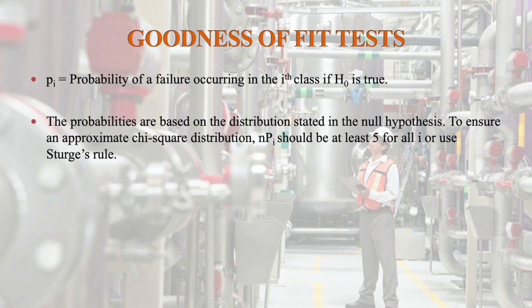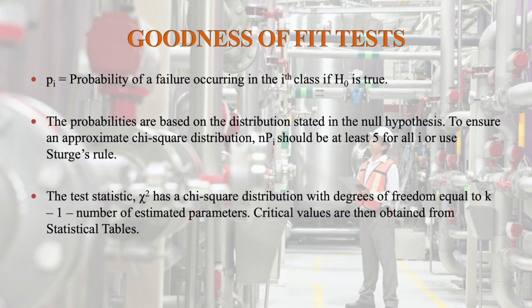The probabilities are based on the distribution stated in the null hypothesis. To ensure an approximate chi-square distribution, N pi should be at least 5 for all i, or use Sturges' rule.